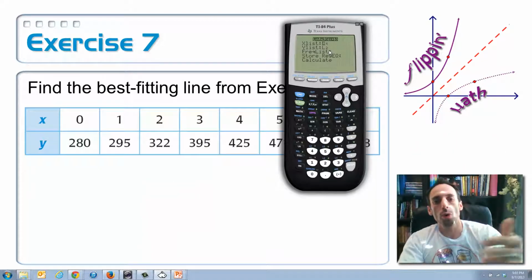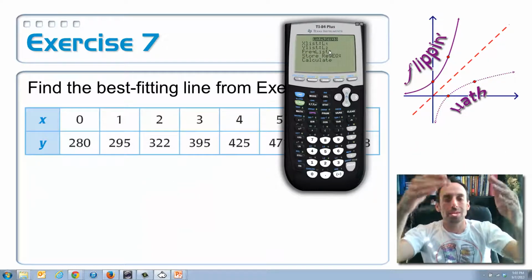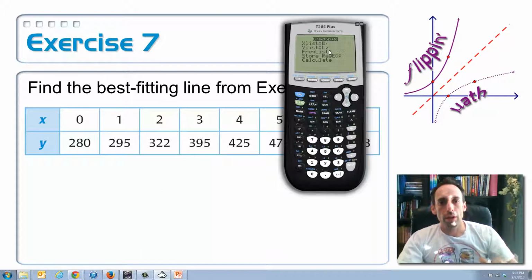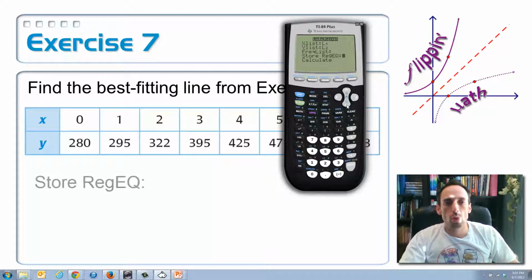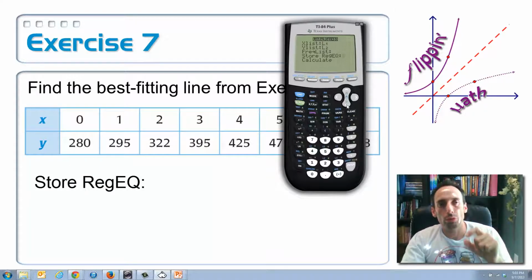On this new operating system, it puts a nice little menu for you to select all of the options that you want it to calculate from. So the X list is coming from L1, the Y list is coming from L2. You don't have to worry about this frequency list, but you do want to store your regression equation as Y1.